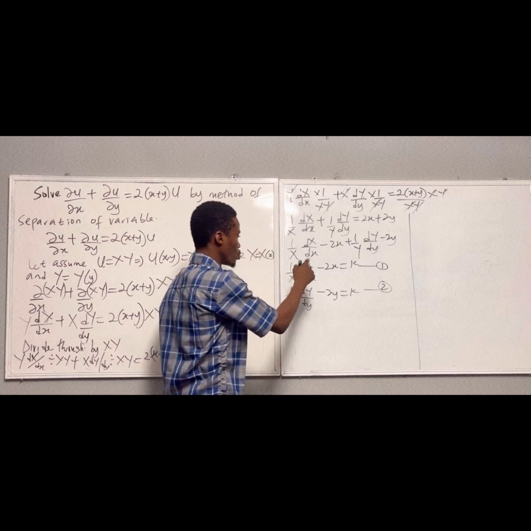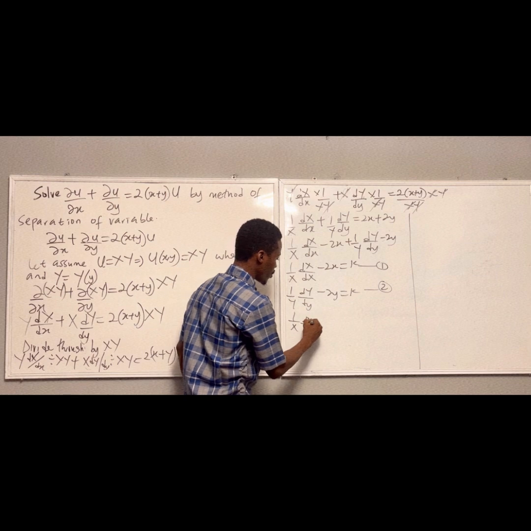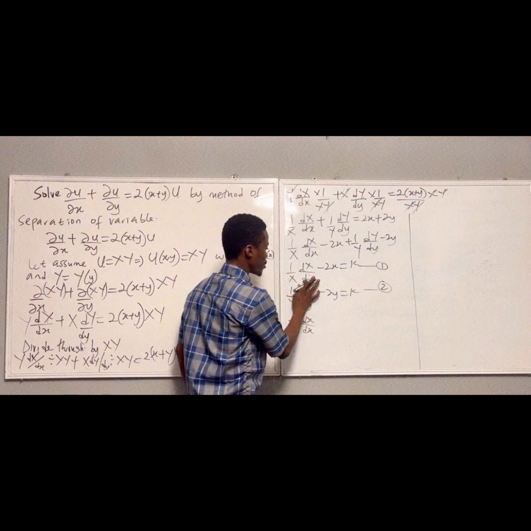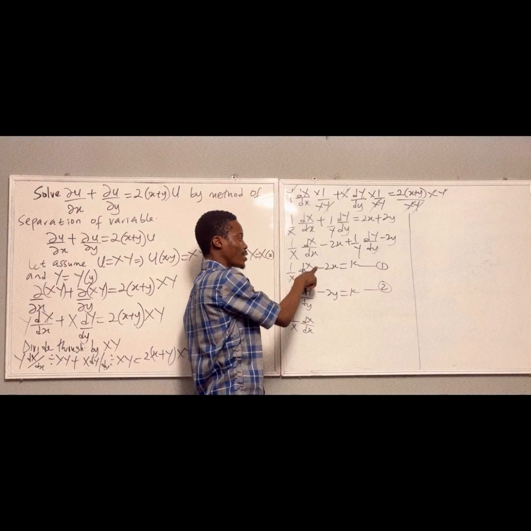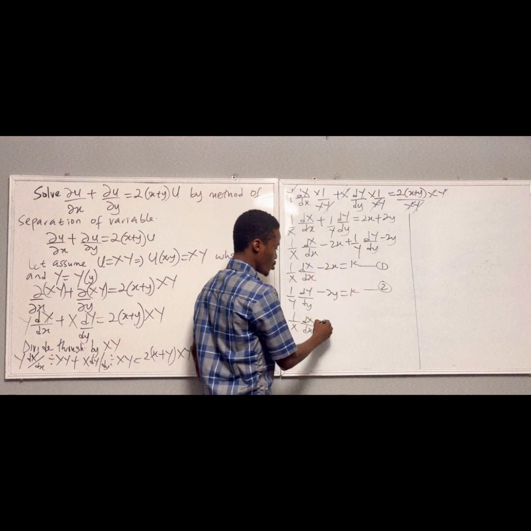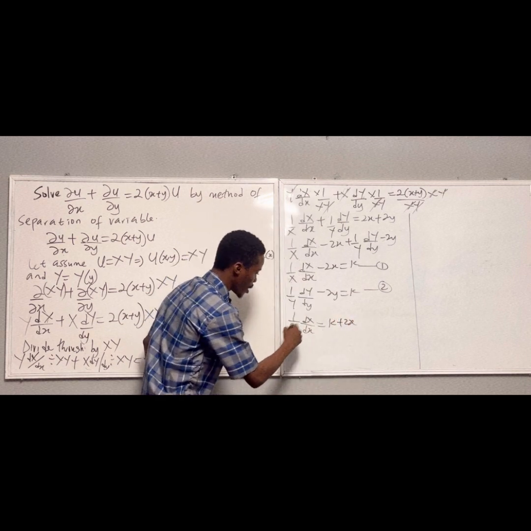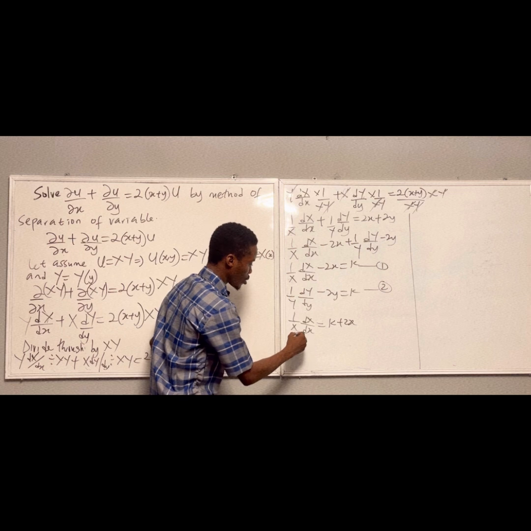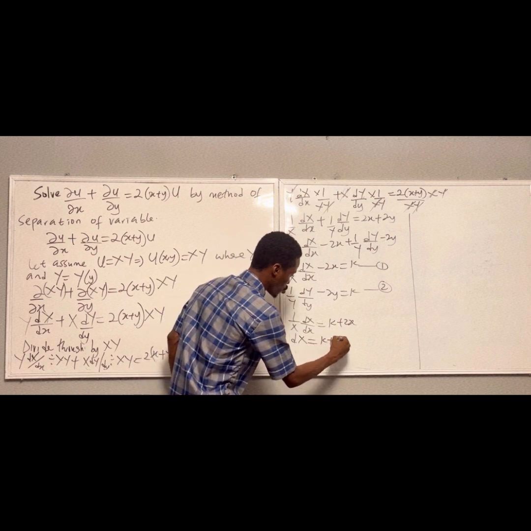So from here, let me take equation 1: 1 over x dx all over dx, minus 2x, is equal to k. I can take this to the other side: dx all over k plus 2x.